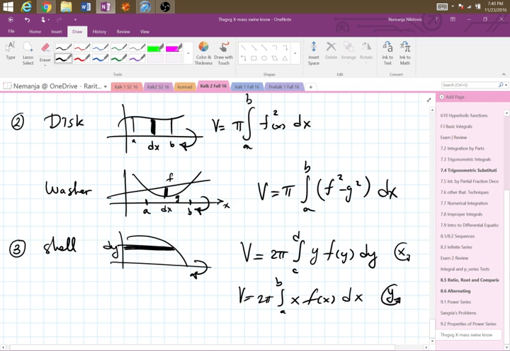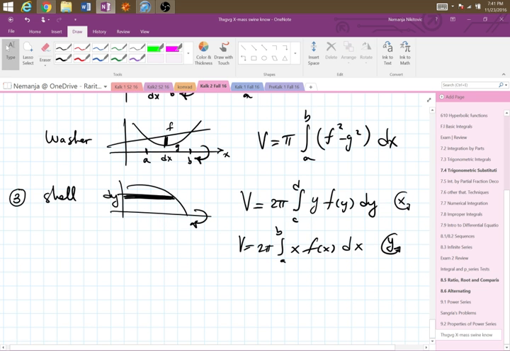So in the methods of disk and washer, the representative rectangle is perpendicular to the axis of rotation, and for the shell they're parallel. For your a and b, is that the a and b of the x? Yes, well in this case we have a and b the way I have it. Oh sorry, this is c and d now because I'm rotating around x.